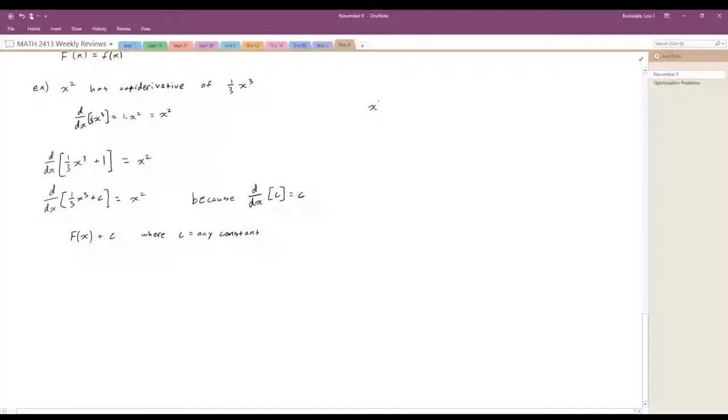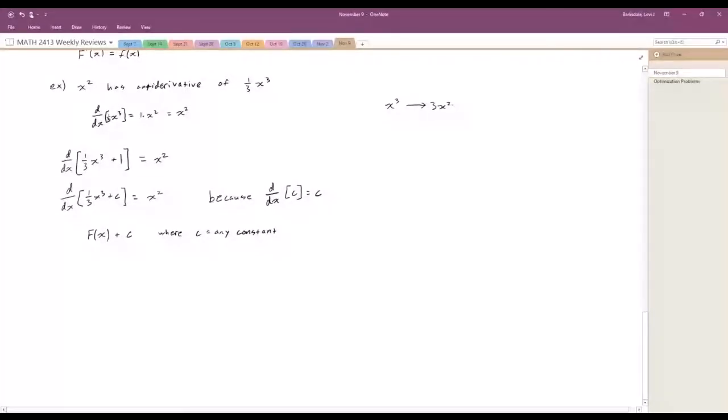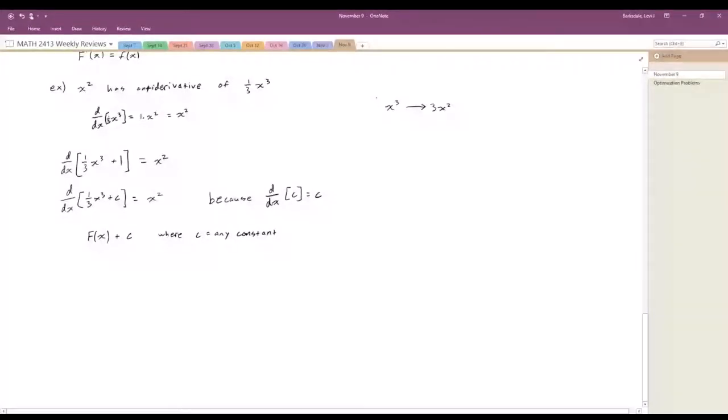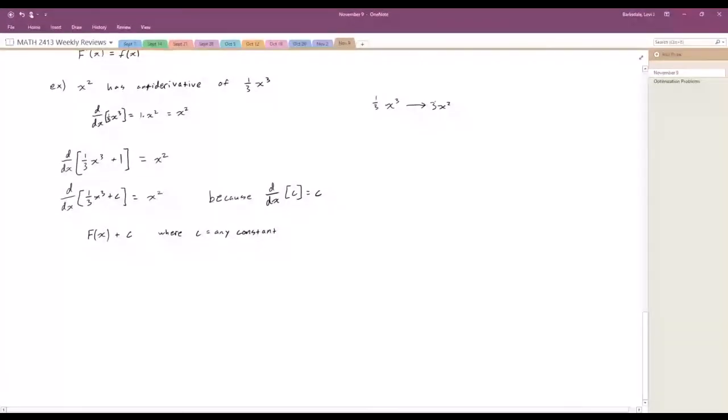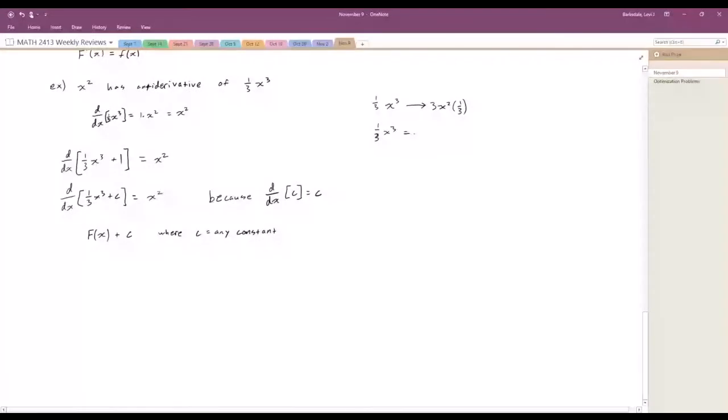Well, when I take the derivative of x cubed, I get 3x squared. So in order to fix the coefficients and get just an x squared, I can take 1/3 of each of these. So then the derivative of 1/3 x cubed is exactly equal to x squared. So I know that 1/3 x cubed was my antiderivative.